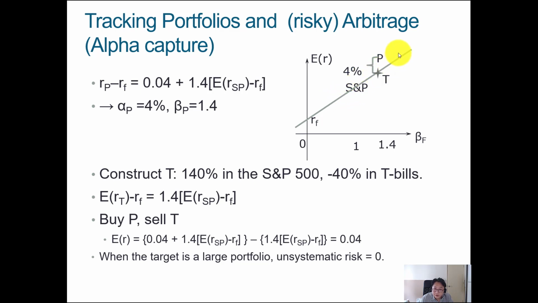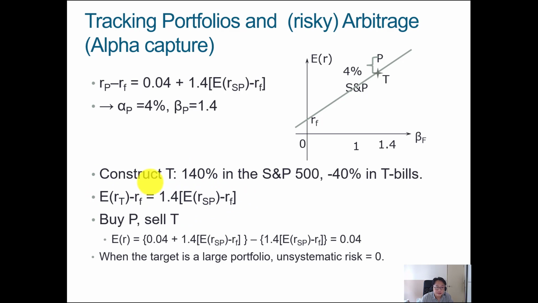If we go beyond the S&P and up this zone, this actually means we start to go negative on the risk-free asset, and we're leveraging to buy the S&P 500, which is what we're describing here. At T, we are 140% S&P 500, and to go 140%, we're taking negative 40% in T-bills. That's how we get that formula over here.